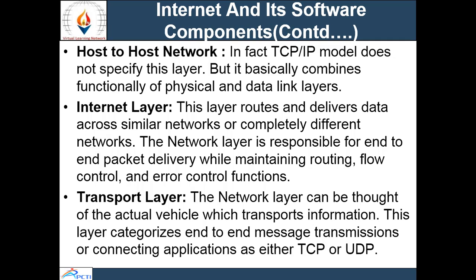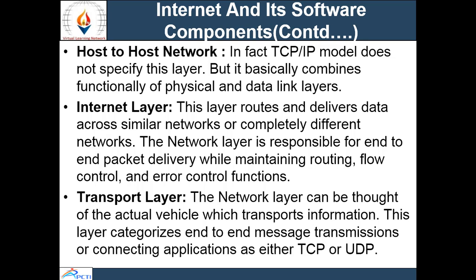Internet layer. This layer routes and delivers data across similar networks or completely different networks. The network layer is responsible for end-to-end packet delivery while maintaining routing, flow control, and error control functions. An example of this layer is the Internet Protocol or the Internet Protocol security. Transport layer. The network layer can be thought of as the actual vehicle which transports information.